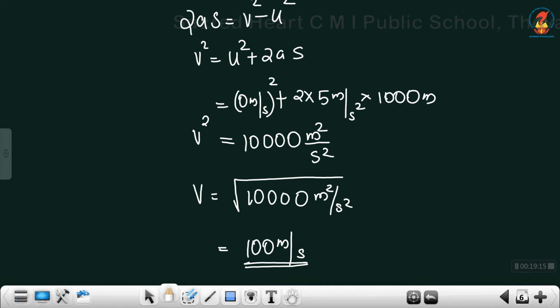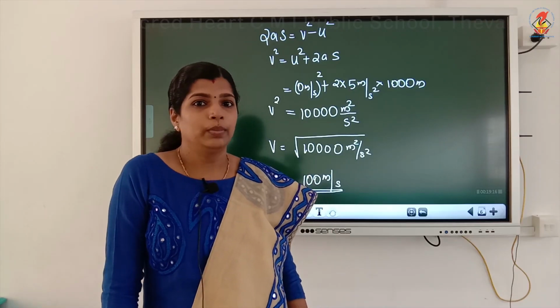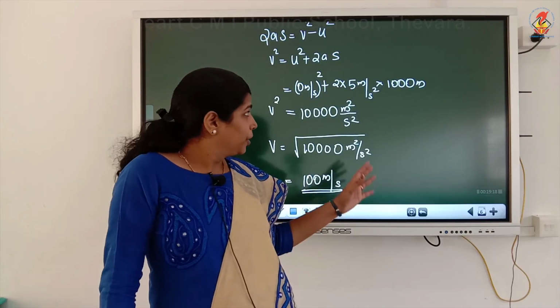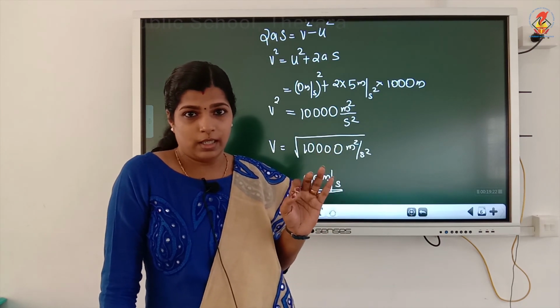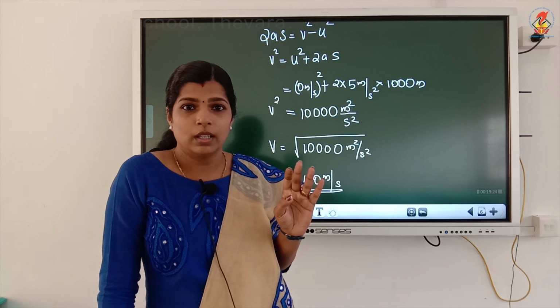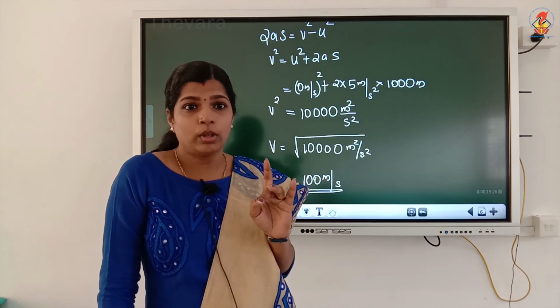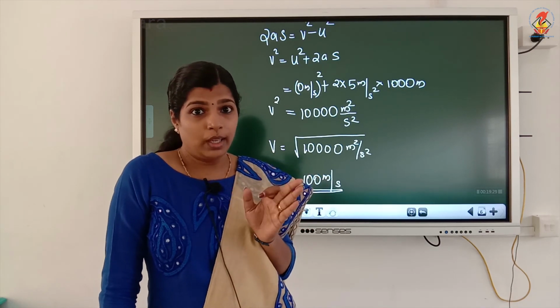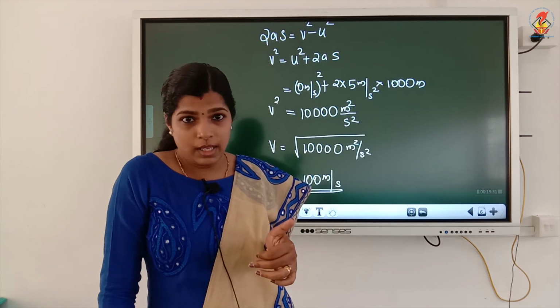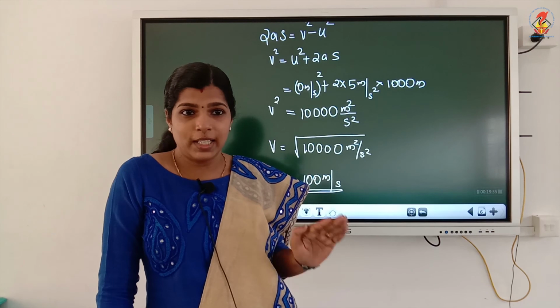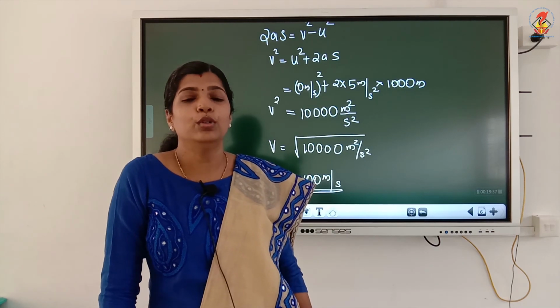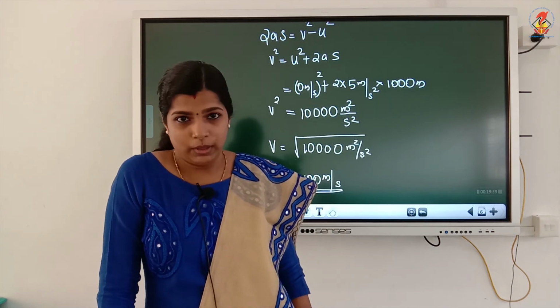So, here when you do the problem, you should know the basic mathematical skills: addition, subtraction, then square root, square, identities, all those basic mathematical knowledge should be there for you when you do the problems.